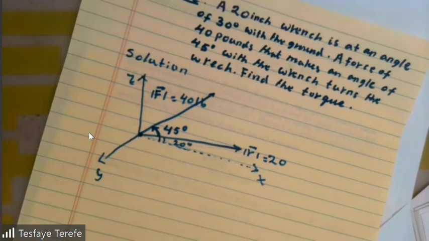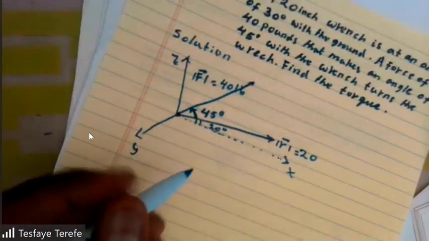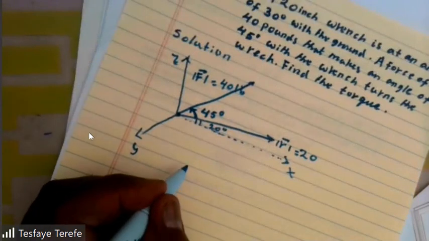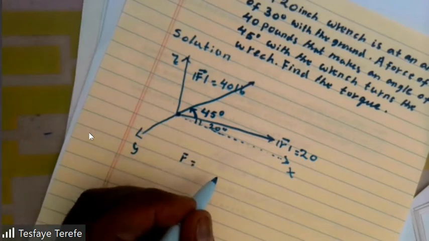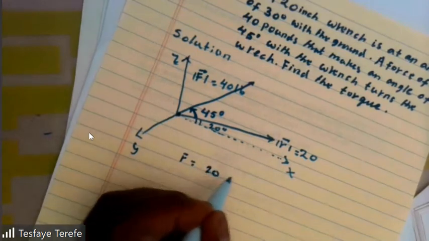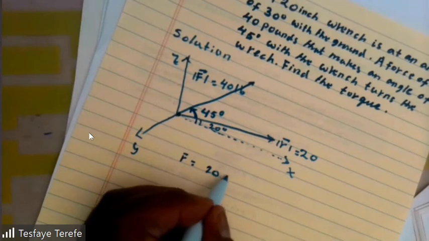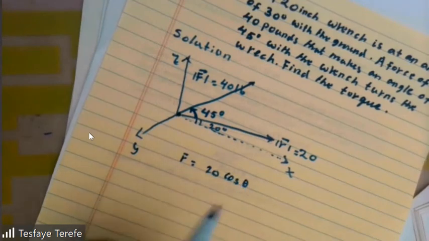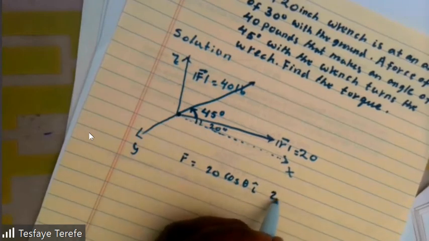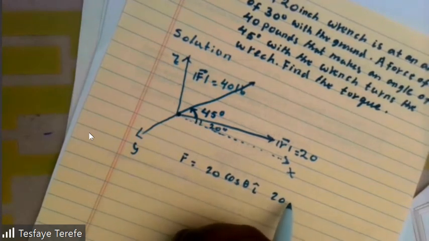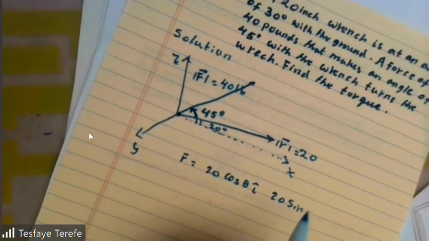But if you are making it in component form, then R will have a component of 20 cosine of theta i, plus 20 sine of theta j.